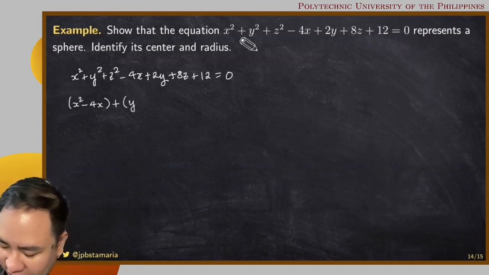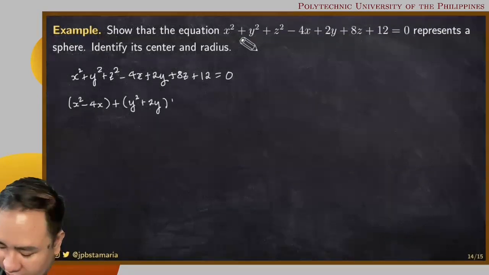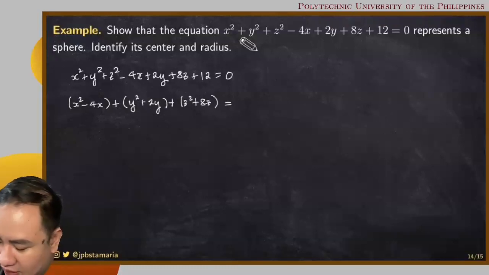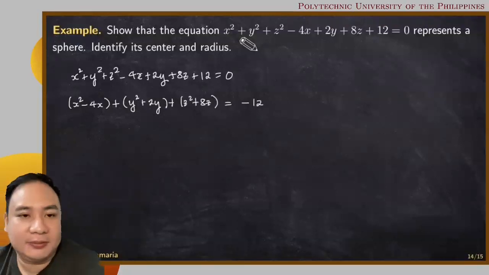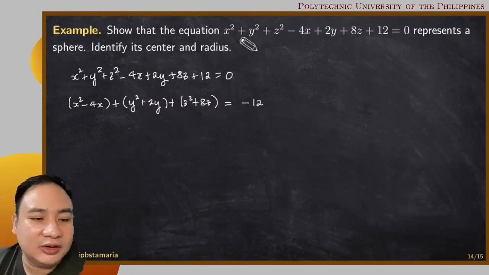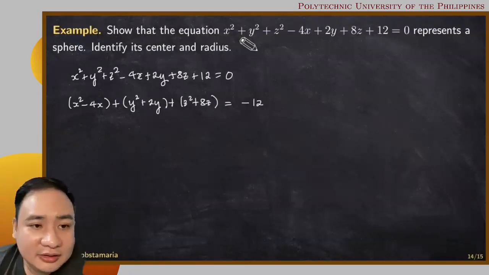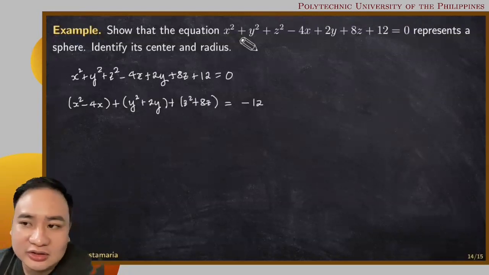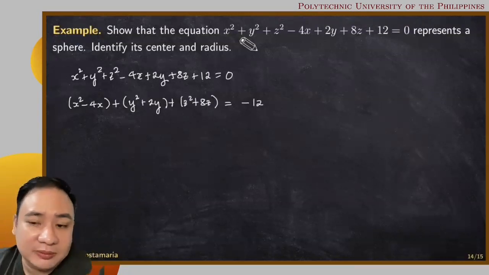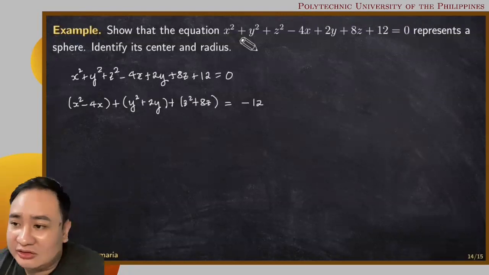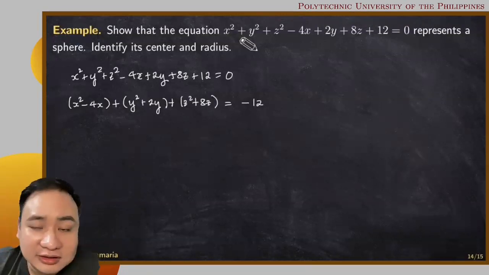And then group natin yung mga may y. And then group natin yung mga z. And then yung constant, lagay mo sa kabila, kasi wala siyang nakapareha. And then, yung bawat binomials na ito na nakagroup, mag-a-add tayo ng constant in order for it to become a perfect square trinomial. And yun yung sinasabi nila na completing the square.